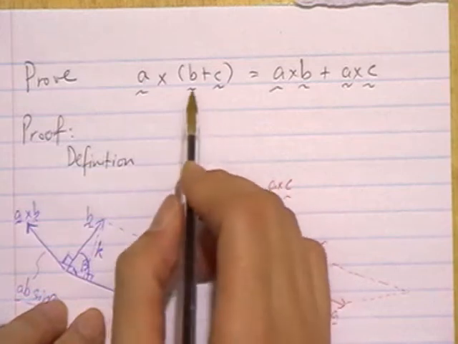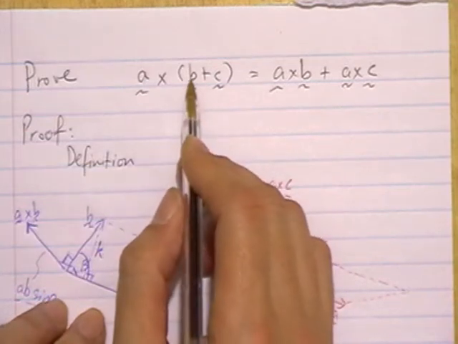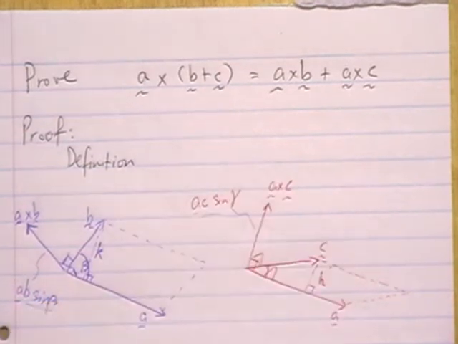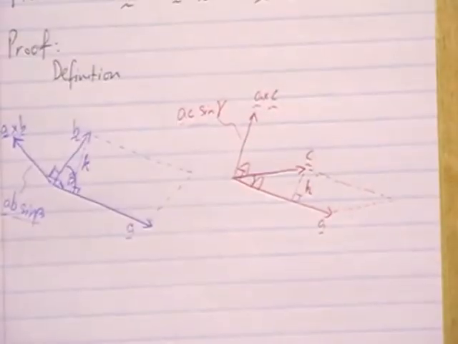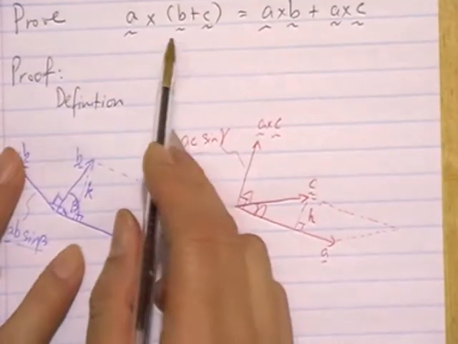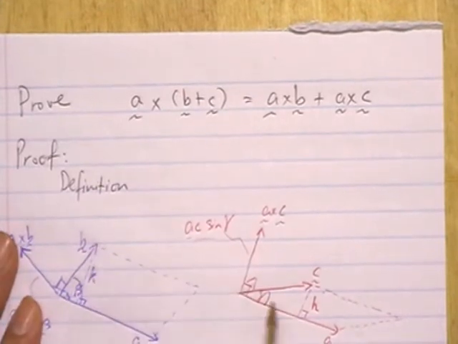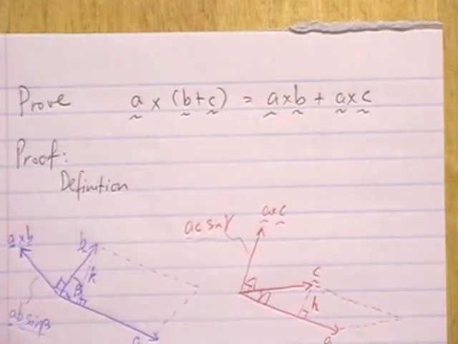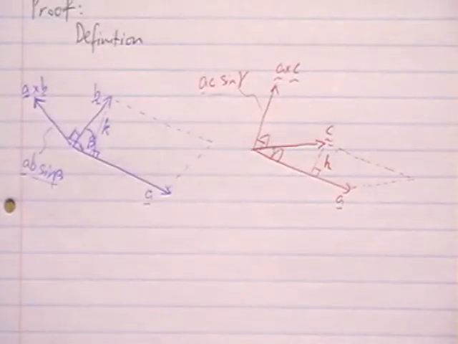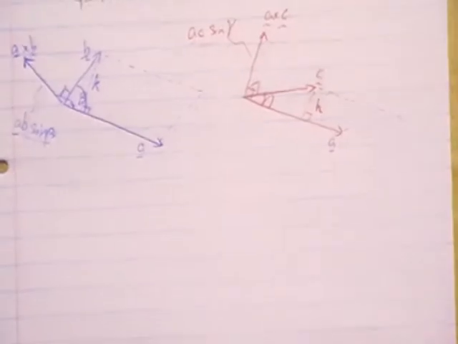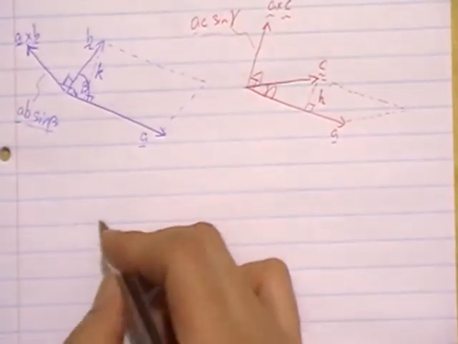Let's first start by thinking of B plus C. Now, B plus C is this B plus this C there. So let me try and sketch that.